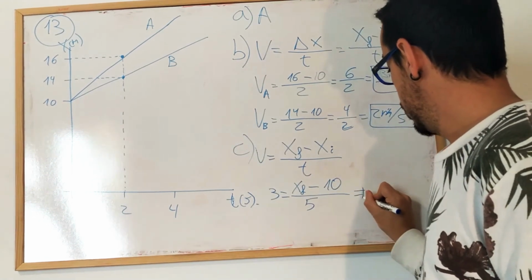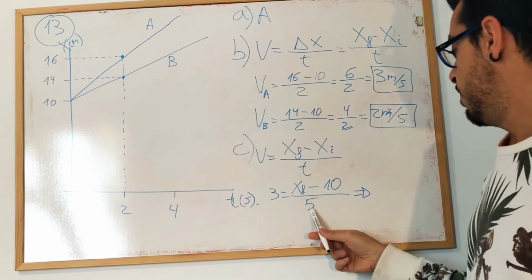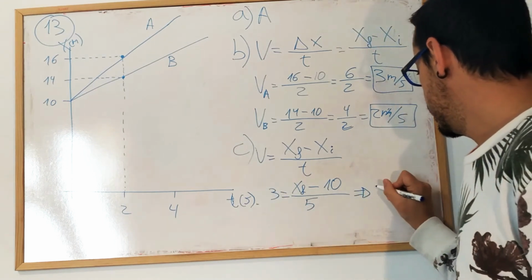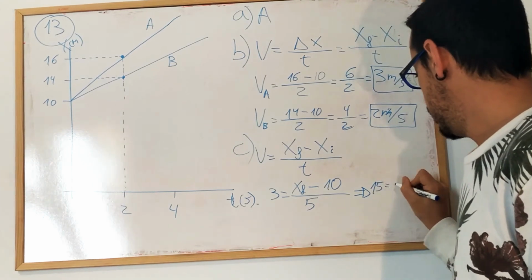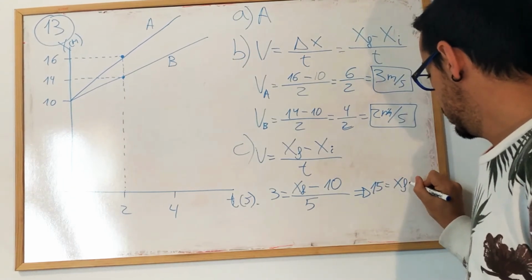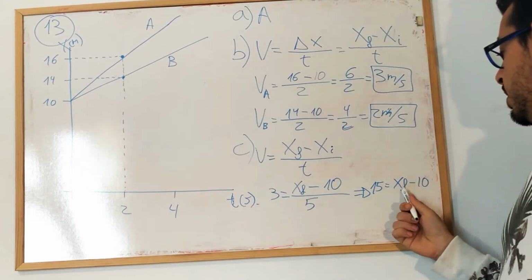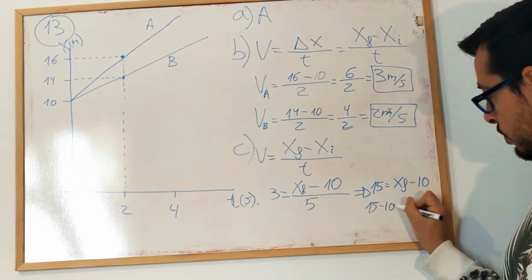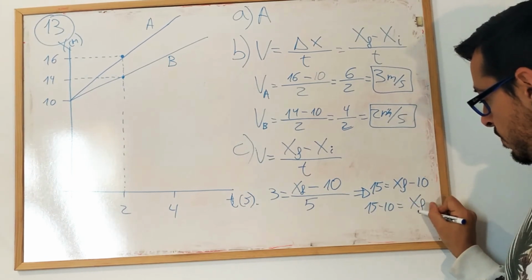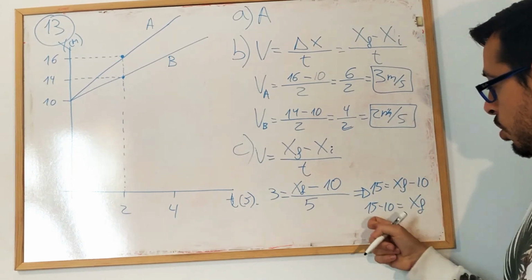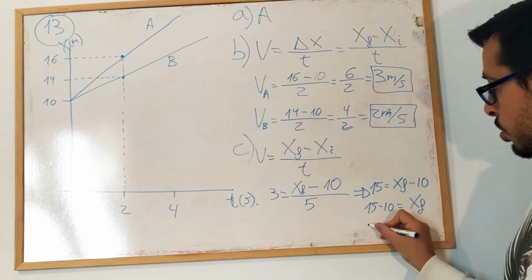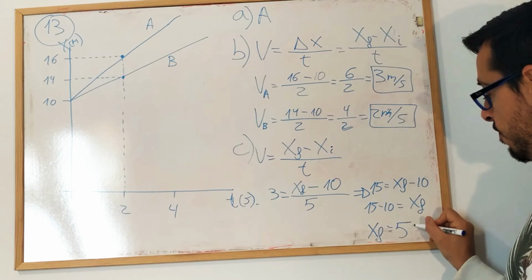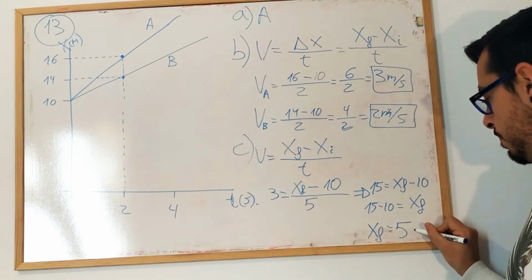We solve this. 5 comes here multiplying. 5 times 3 is 15, equals final position minus 10. And now the final position is going to be 15 minus 10. So final position is going to be 5 meters.